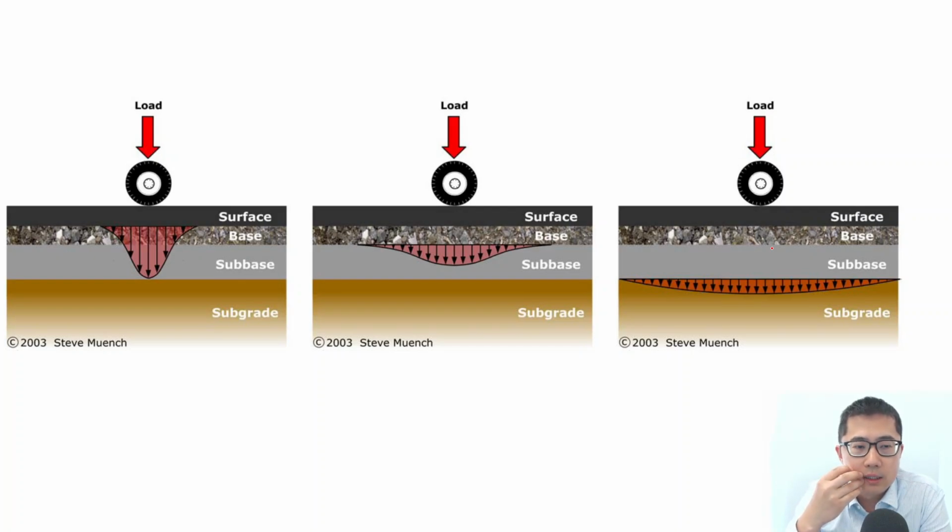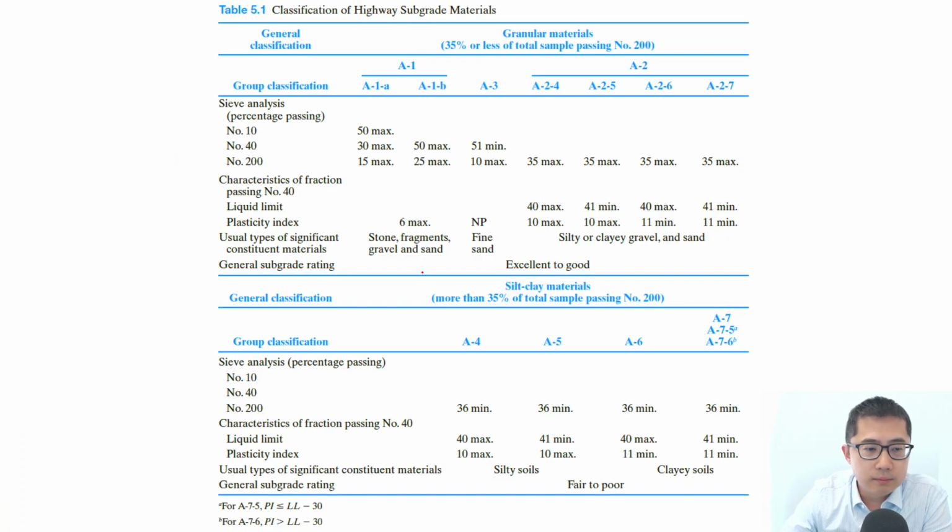We're not going to get into the nitty-gritty of that, but it points out that in the AASHTO system, they really care about the fines content and the plastic limits, mainly because their system is used on soil that's specifically supporting the roadways. Okay, so let's look at the system.